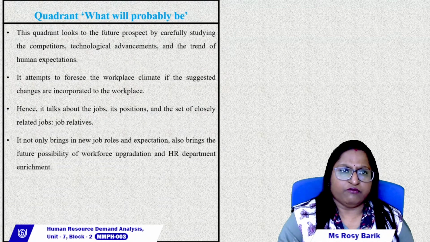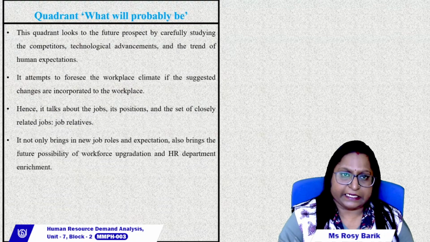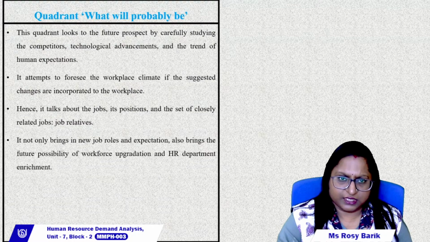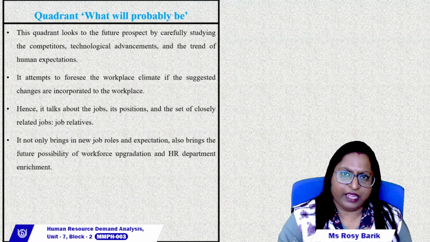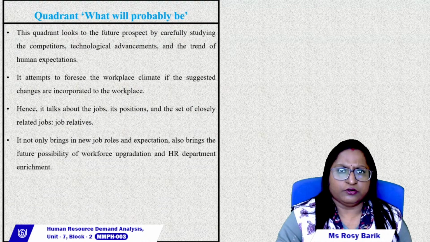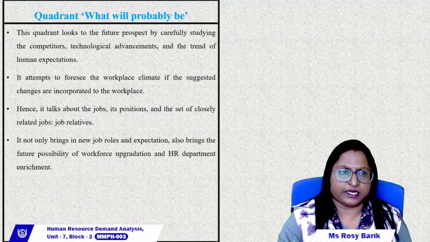So, quadrant "what will probably be", that is cell C. In this case, we have two choices as we have discussed earlier: if yes, what has to be done, and if no, what has to be done. This quadrant looks to the future prospect by carefully studying the competitors, technological advancement, and the trends of human expectations.